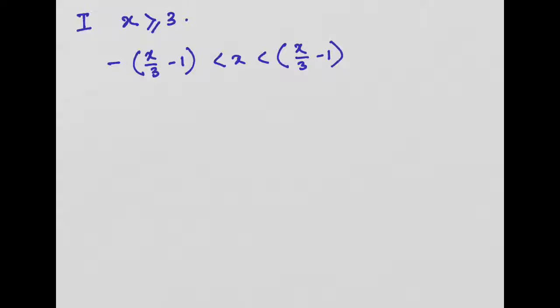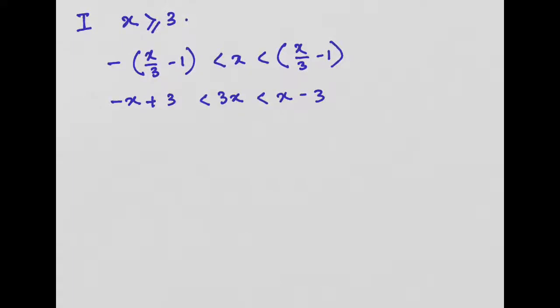In the same manner, first I am cancelling out this 3 by multiplying all with 3, and for this leftmost side, the minus also I will multiply with that and open this bracket. So I am getting minus x plus 3 less than 3x less than x minus 3.